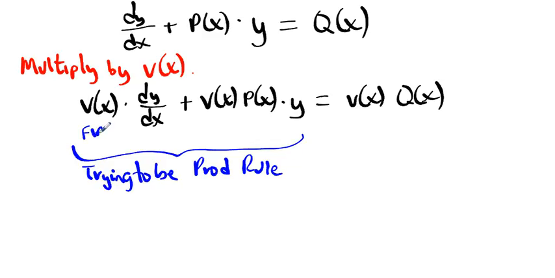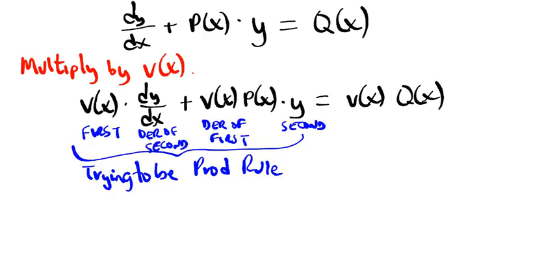It looks like this is first, this is derivative of second, and this is second, this is derivative of second, which means that if this is the derivative of the first, we win. If the derivative of the first is this, then this is a product rule problem.